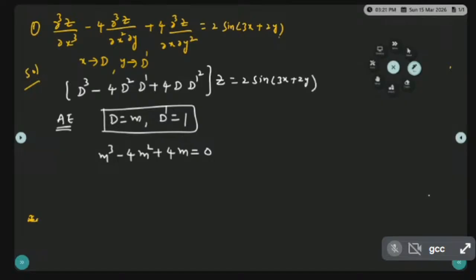Take m common, all of you. M equal to 0, m square minus 4m plus 4.